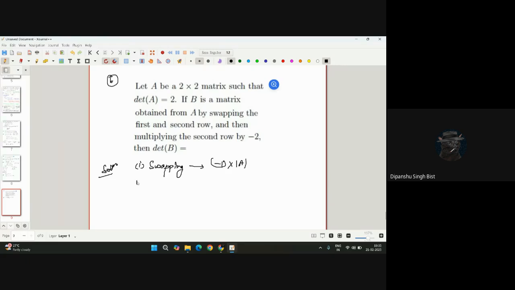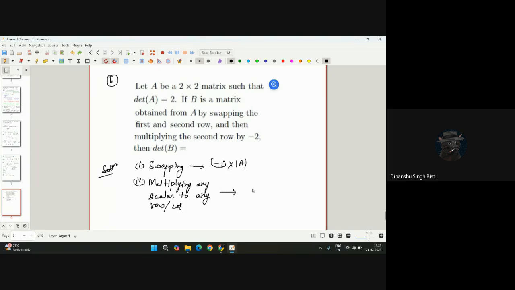Then if you are multiplying any constant or scalar to any row or column, that means you will have to multiply the value of determinant by the same entity.